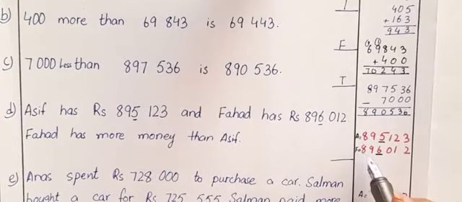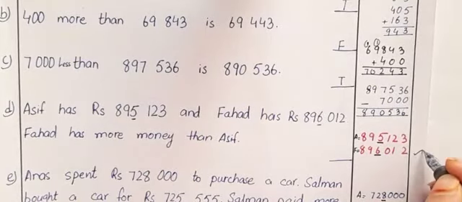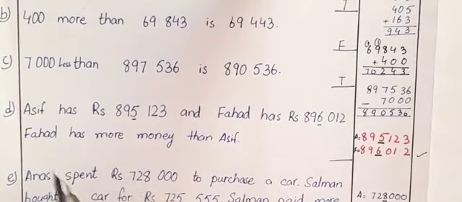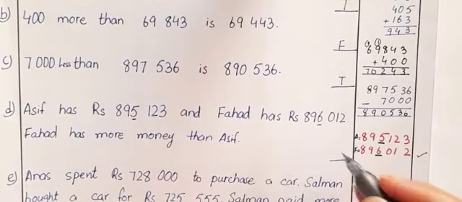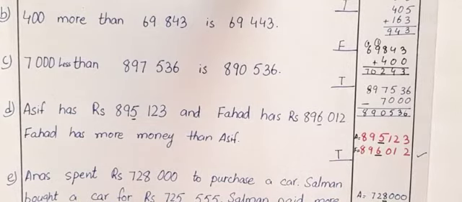Then I have written F, 896,012. Here you can see which has more. Is 5 more or 6? Yes, 6 is more. This one is more. So it is Fahad. Fahad has more money than Asif. Yes, it is true.